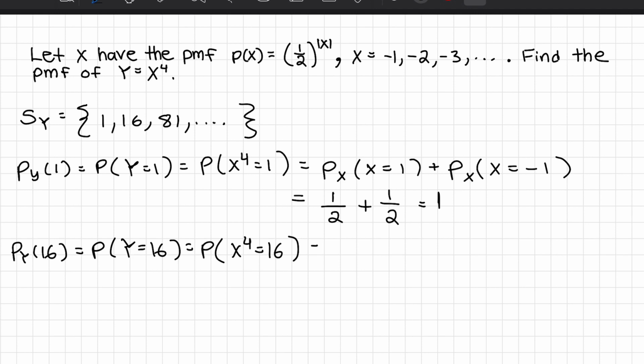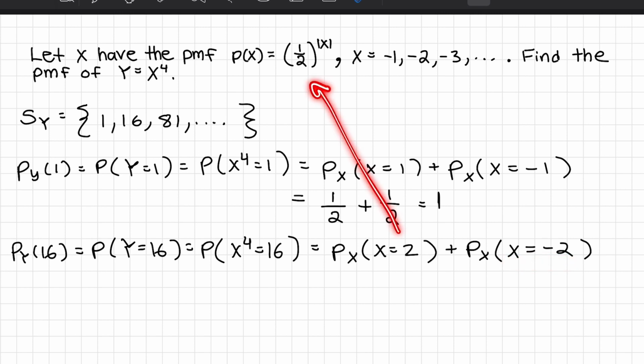Now I'm going to find the fourth root of 16, which gives x equals 2, plus P(x = -2). When I plug x equals 2 and x equals minus 2 into my given PMF, I get 1/4 plus 1/4, which equals 1/2. And now I'm going to do the same thing with 81.